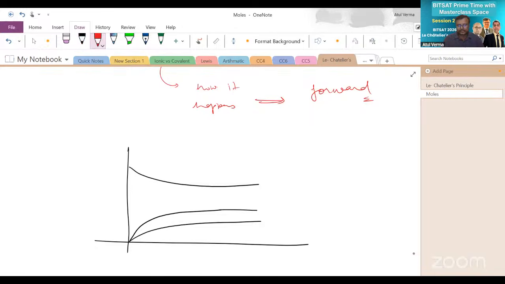Now suddenly, friends, what happened? You have added A, so you have suddenly changed its concentration. According to Le Chatelier's principle, for sure its concentration, its moles, will decrease. So yes, it will start falling.